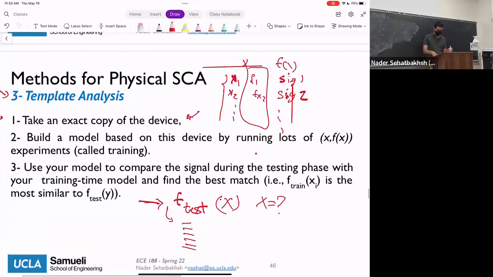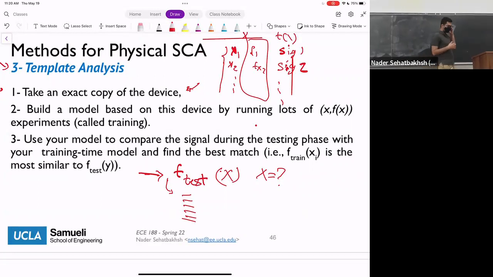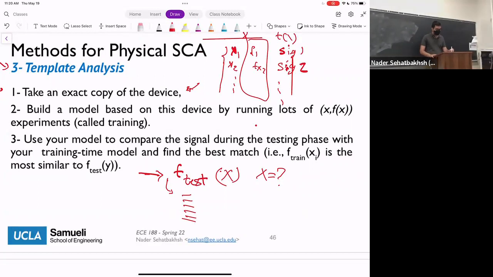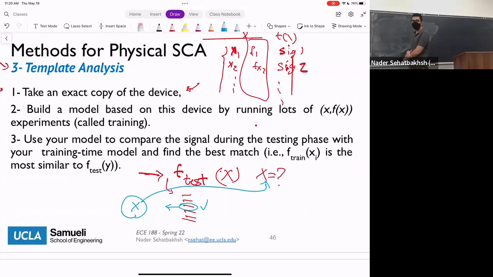Using some distance metric or similarity metric, you will, for example, say that this looks very similar to this third option. Then you go and check what is the value of x for this third option, because you have the pair of x and f of x. It basically means that this x is equal to this x, and that's how you're going to find the x.